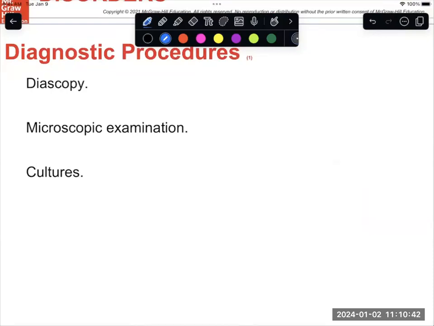A microscopic examination is where we take skin scrapings to help diagnose a fungal infection and scabies. Cultures is where we swab lesions, which are implanted onto different media to diagnose different viruses and bacteria in the skin.